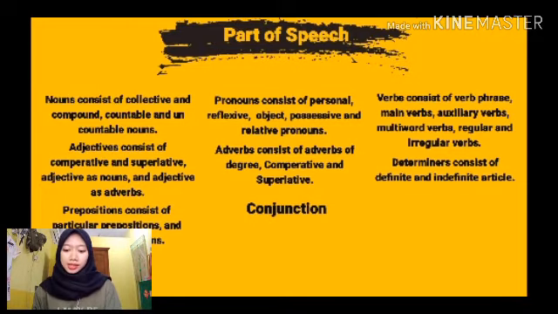The next is adjective. Adjectives consist of comparative and superlative, adjective as nouns, and adjective as adverbs. The first type is comparative and superlative. An adjective can be comparative when we use bigger for big, harder for hard, older for old, younger for young.